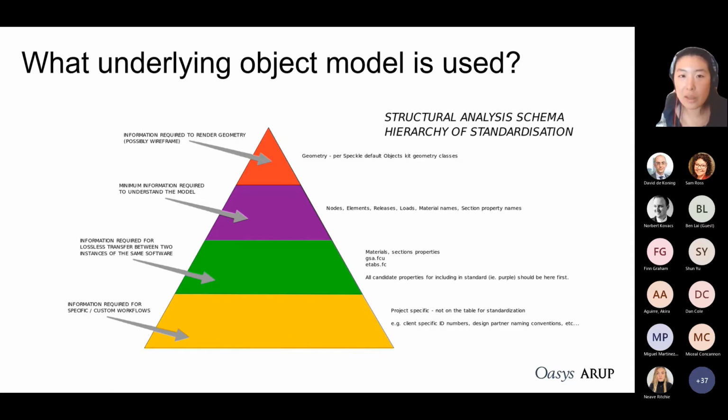But this underlying object model, which links the transfer of data between our structural connectors, is very heavily based on some buildingSMART research and thinking in terms of how to establish interoperability, which can be built progressively into a standard. So this is something very interesting to check out if you're interested in understanding how we might grow the coverage of the conversion and the interoperability between these software going forward.